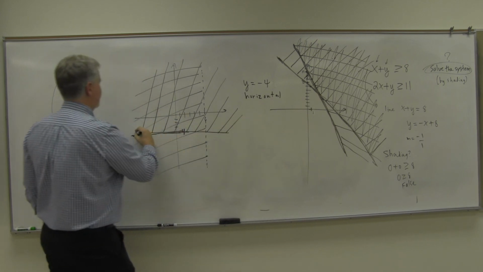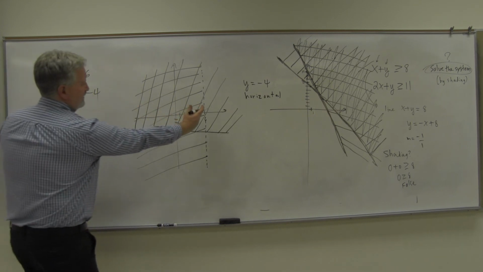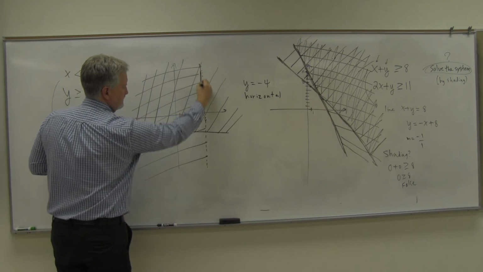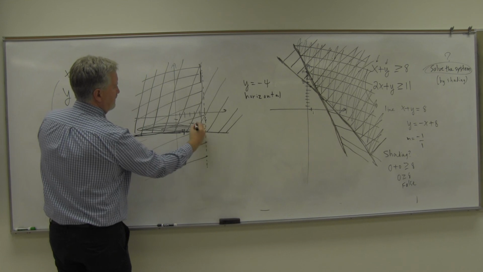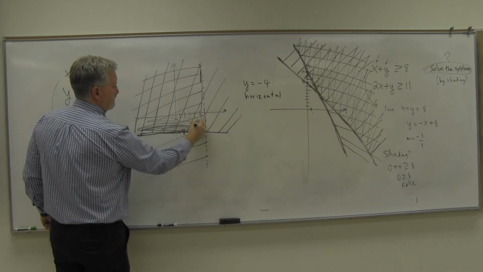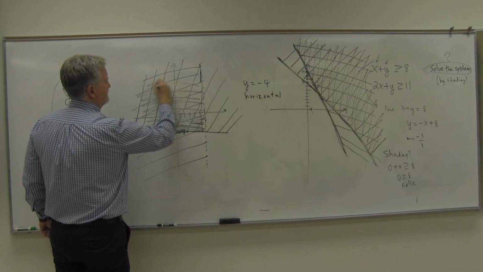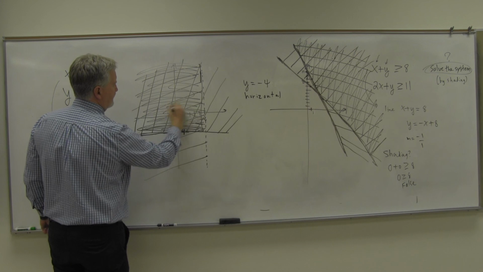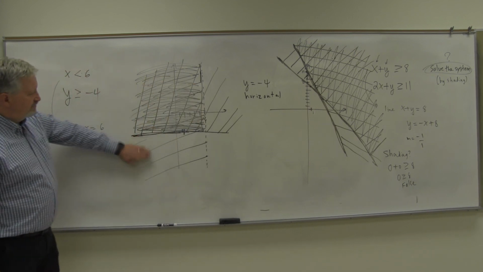However, putting the two together, the system, what do we got? Well, it'd be to the left of the vertical line and above the horizontal line. So it's this part in here, isn't it? It's everything above the horizontal line, but to the left of the vertical line. If we wanted to really make that obvious, we kind of erase this.